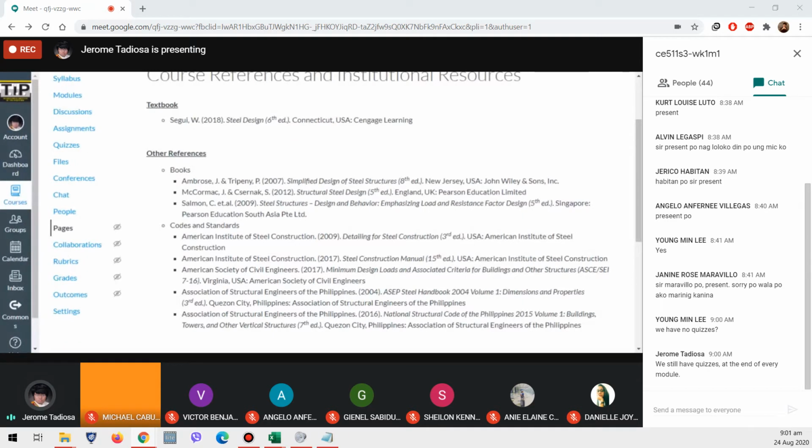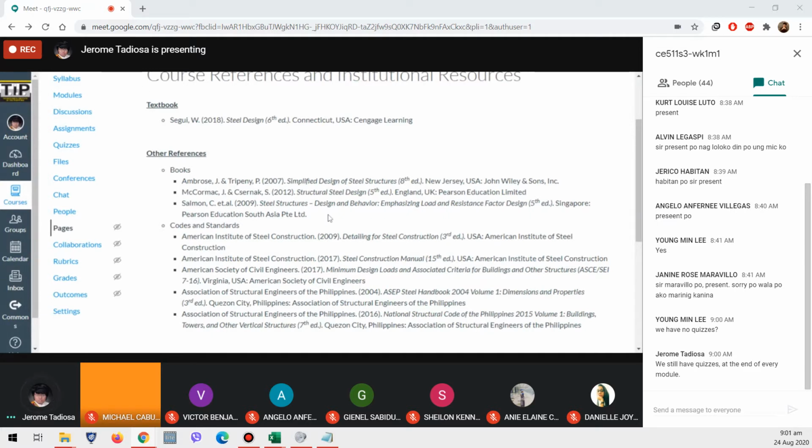Meaning you are not allowed to disseminate it further to other people who do not take this course. It's just to limit the number of copies of these textbooks.